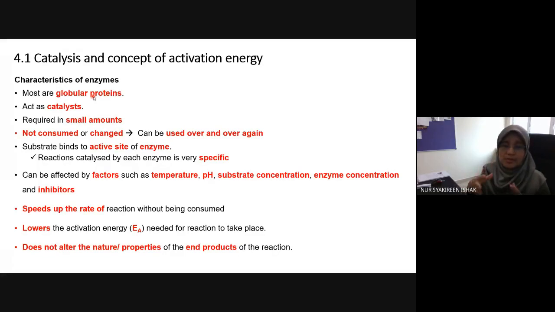Globular proteins are proteins that fold into a specific shape so that the protein can attain its functional form. As you know, enzymes have an active site, so the enzyme has to be folded into a specific shape so that it can form the specific shape of the active site. That's why enzymes have to be made up of globular proteins.